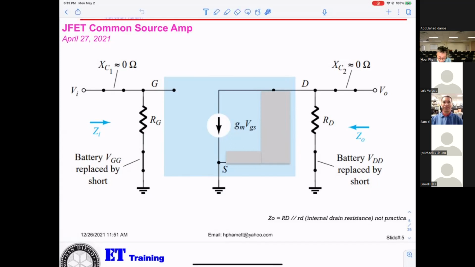You get only one current source going from the drain to the source. And now you can see here, no more capacitor, shorted, and no more DC, shorted. Okay, see, battery VGG replaced by short.